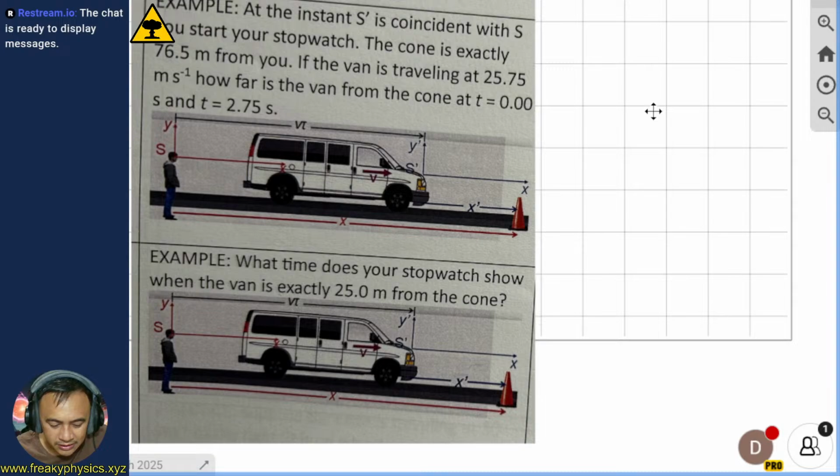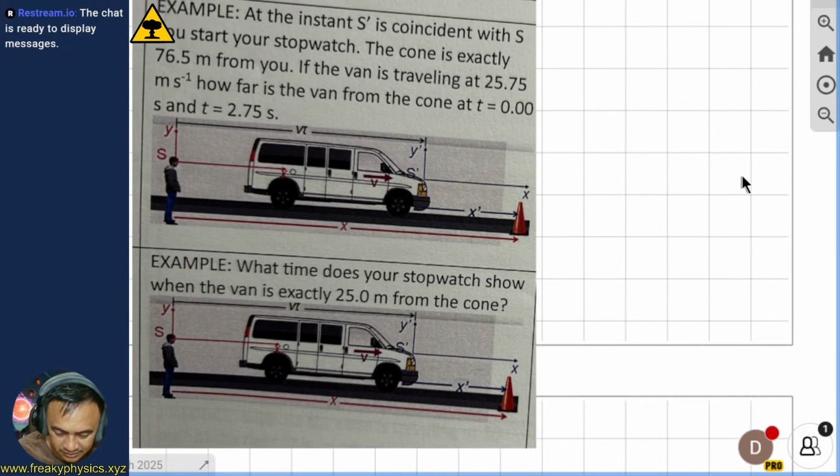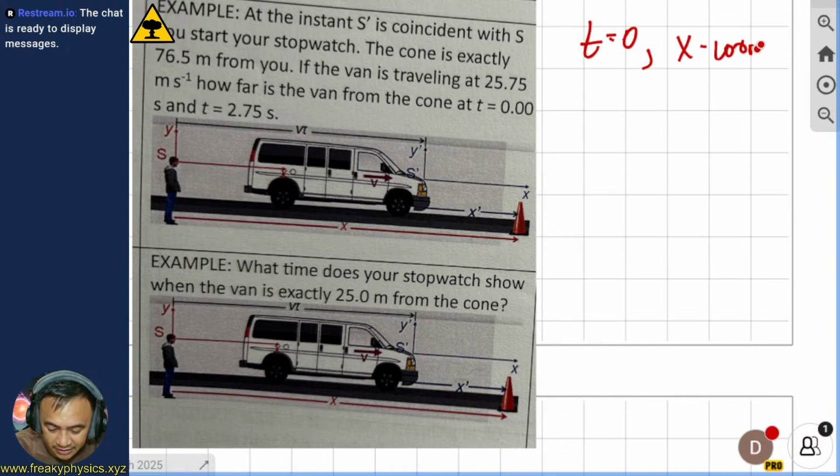At this particular instant, S prime is coincident with S when you start the stopwatch. In other words, at t equals 0, the x coordinates, the position coordinates, we'll just call it x, equal 0 for both S and S prime.